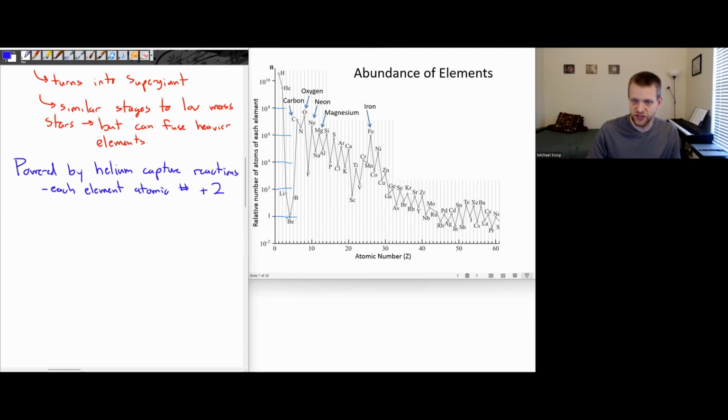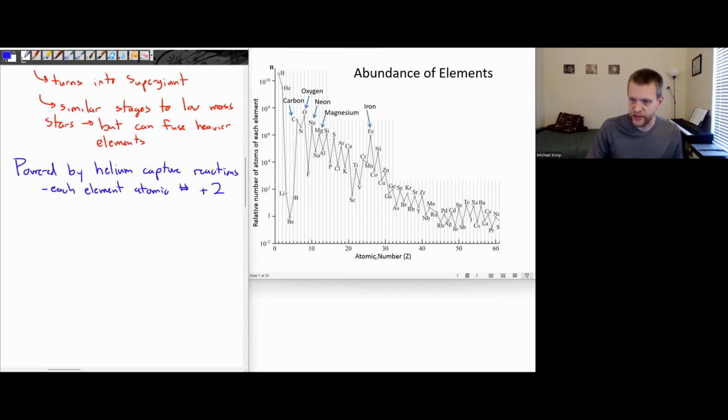We have some reference element here. Beryllium is used as the reference element. This would say I have 100 times as many of this element than I do beryllium. This is 10,000 times more. This is 1,000,000 times more, 100 million times more, going all the way up the scale. So again, this scale is very dramatically increasing as you go higher.